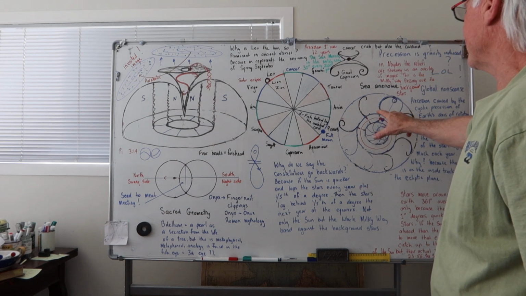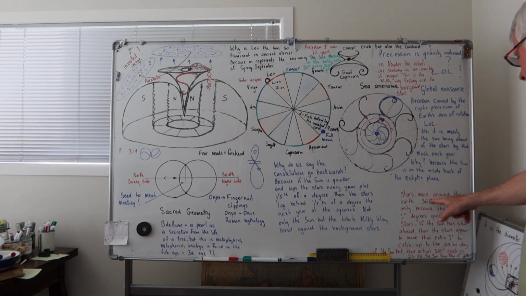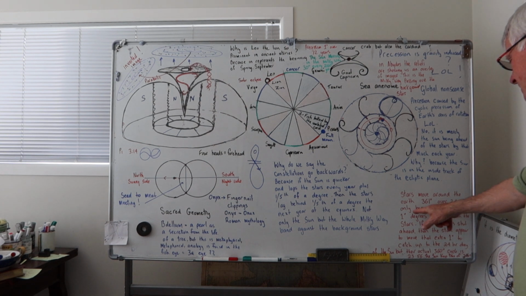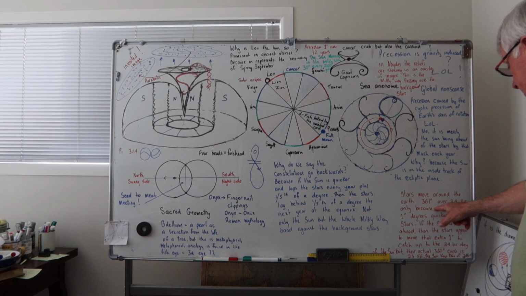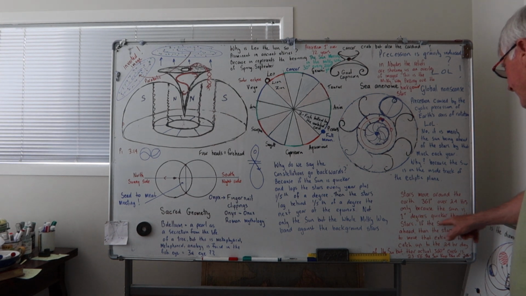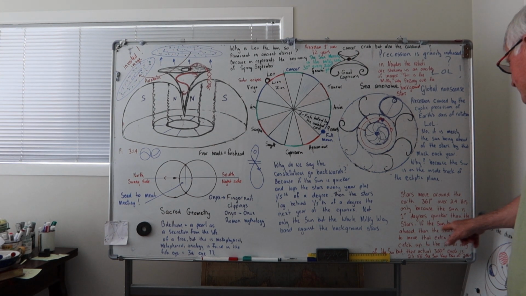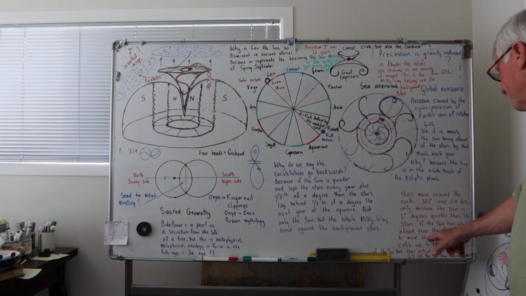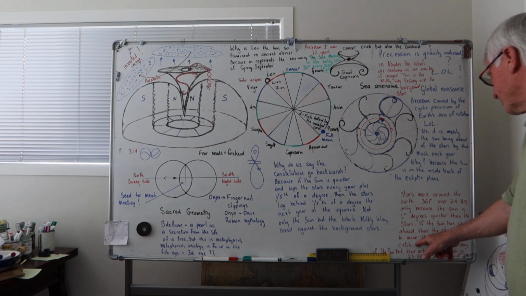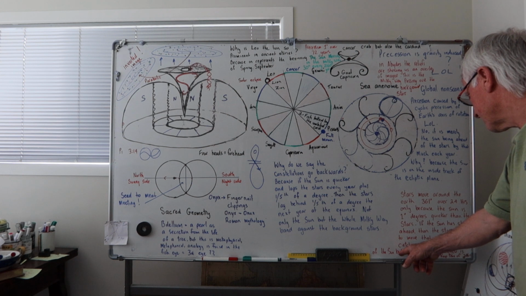And people can't get their head around that fact. They keep thinking that the stars are quicker because down there, stars move around the Earth 361 degrees over 24 hours. Only because the sun is 1 degree quicker than the stars per day. If the sun has shot ahead by 1 degree, then the stars appear to move that extra 1 degree to catch up to the 24-hour day of the sun.